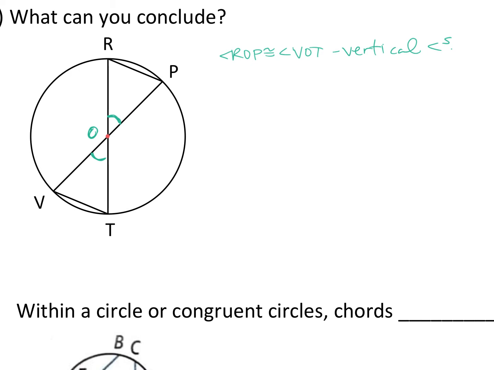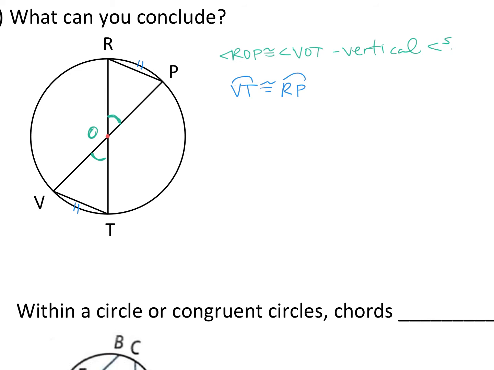So then what else do you know to be true in this picture? If central angles are congruent, what else is congruent? The arcs. Okay, so we could say arc VT is congruent to arc RP. What else do we know? If the arcs are congruent, what else is congruent?